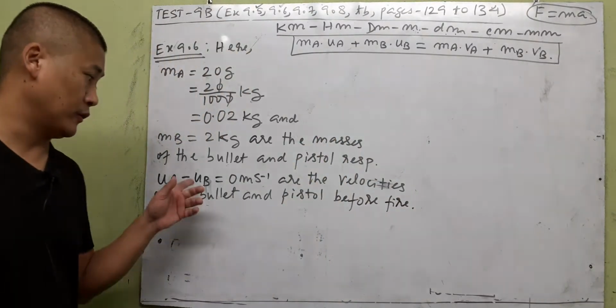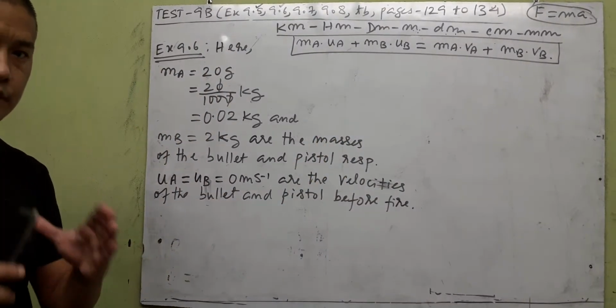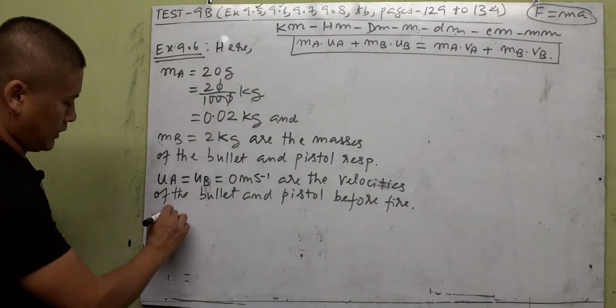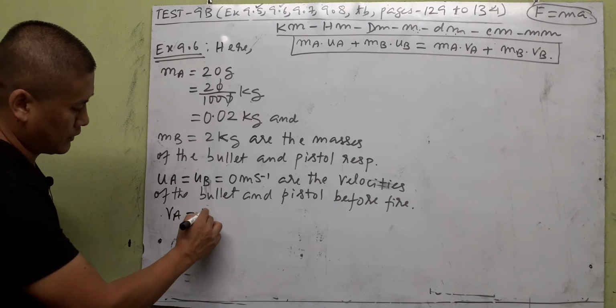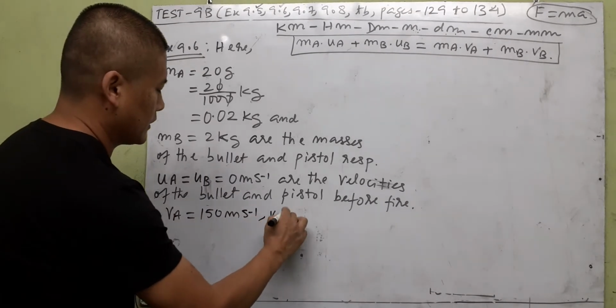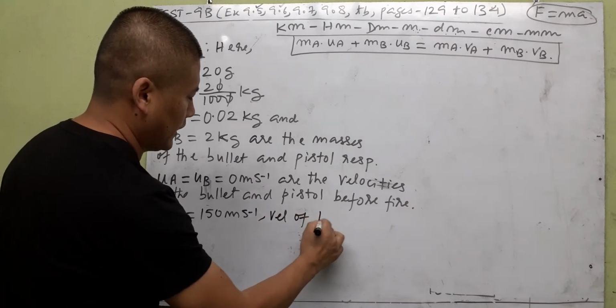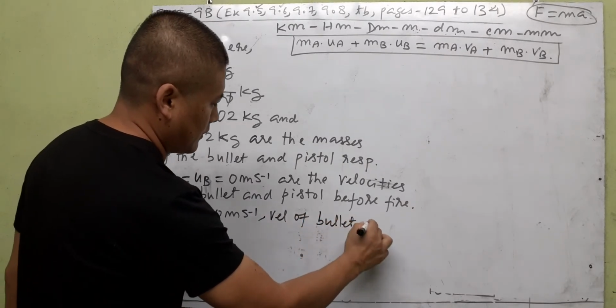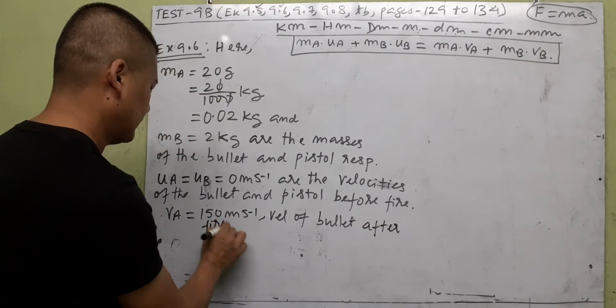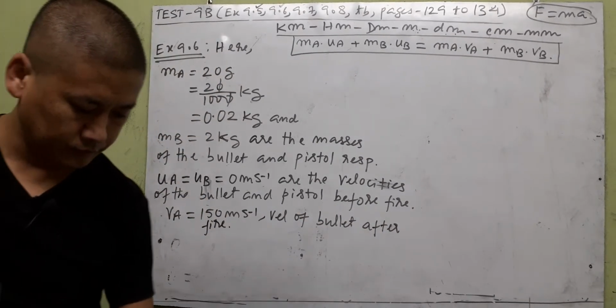Before firing, the bullet and the pistol also are stationary, that's why it's 0. Then the question is saying VA equal to 150 meter per second is the velocity of the bullet after firing. Look there in the question.